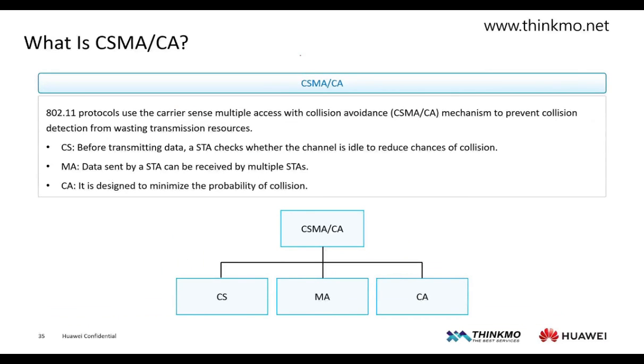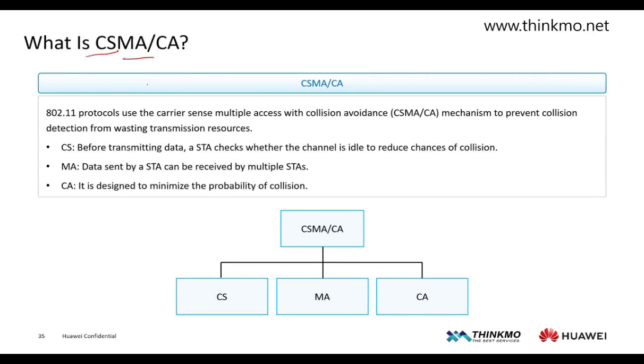Let's take a closer look at what the CSMA/CA protocol is. CS stands for carrier sense, meaning that before sending data, a station needs to listen to the channel to ensure it is free, thereby reducing collisions. Now, MA stands for multiple access, indicating that the data sent by each station can be received by multiple stations simultaneously.